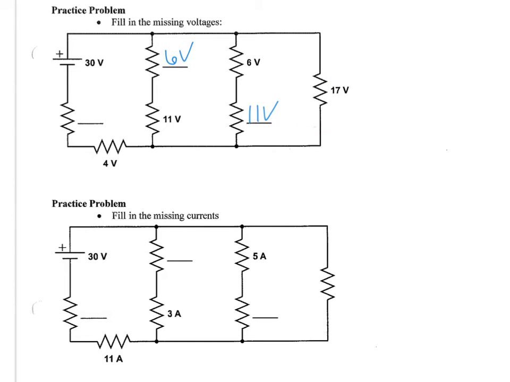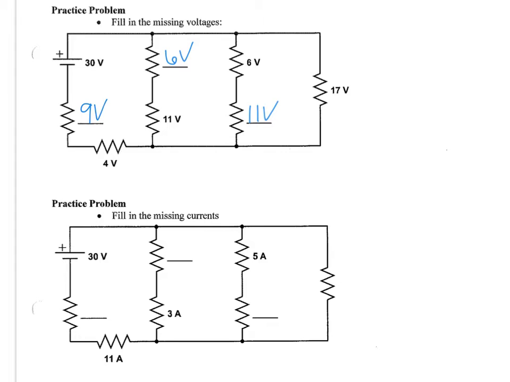So you have 17 here. This resistor is in parallel with these two, which is in parallel with these two. So then we have a loop that needs to add up to 30. 6 volts plus 11 volts is 17. 17 plus 4 is 21. 21 plus 9 volts gets you 30. And that's all you have to do.